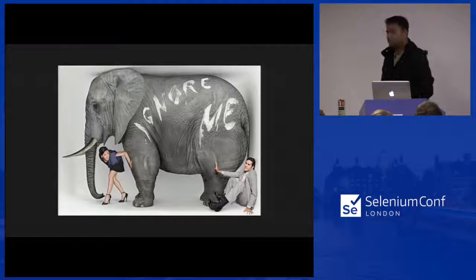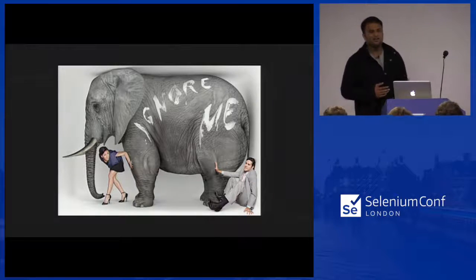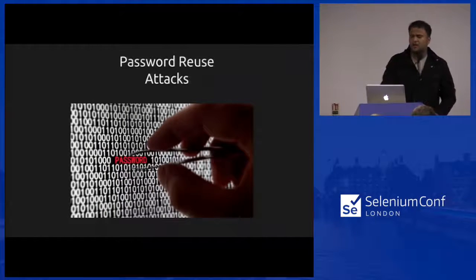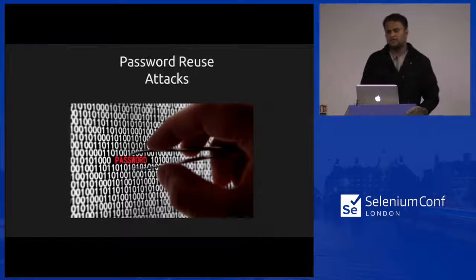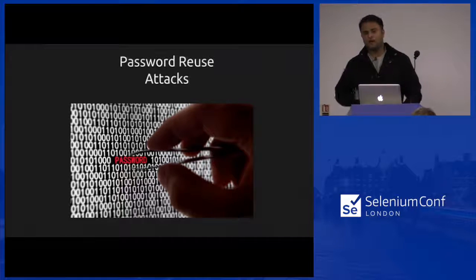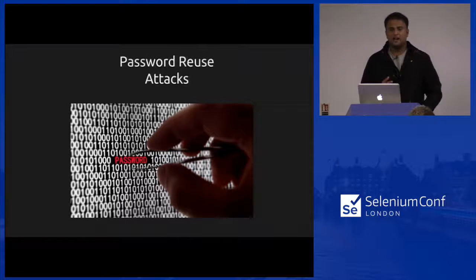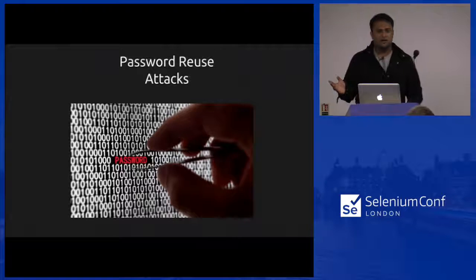Security is like the elephant in the room, where everyone agrees it's very important, but only a few take it very seriously. Recently, you must have heard about GitHub having a lot of password reuse attacks. We use the same password over and over across all the web applications out there. Because some companies don't take care of security much, a breach happens and your passwords are publicly available.